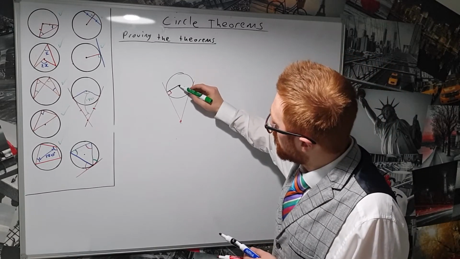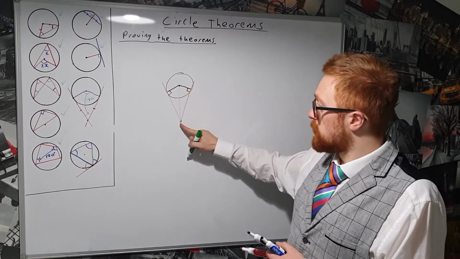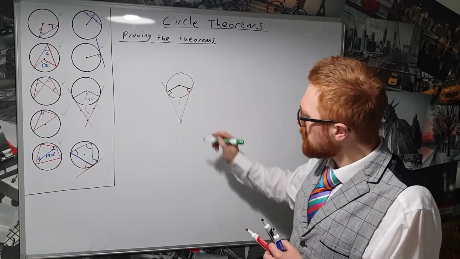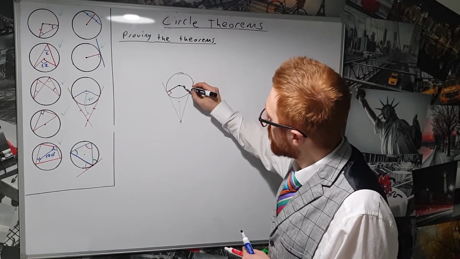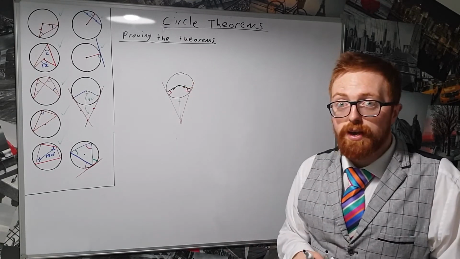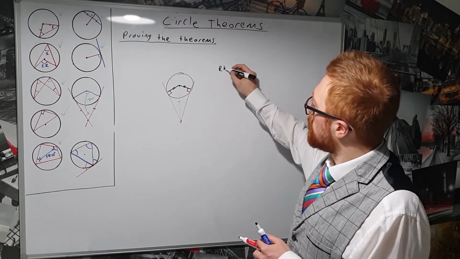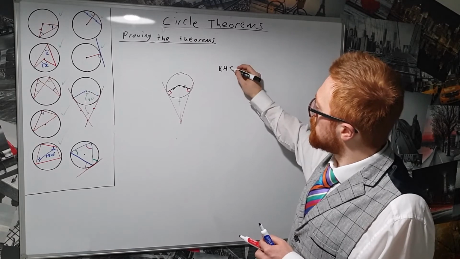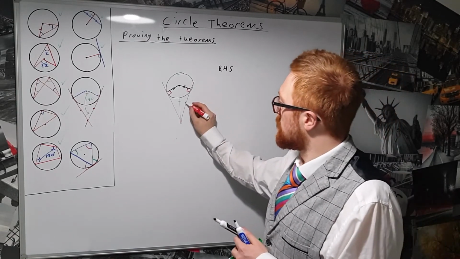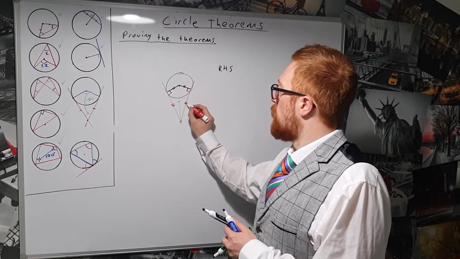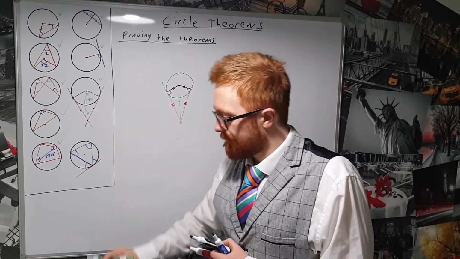And if we draw a line connecting the centre of our circle to the point at which they meet, that's a shared side, and I know that this length is the same as this length because it's a radius, and they're both right-angled triangles. So we have right angle, hypotenuse, side congruency. So the triangles are congruent, which means that this side and this side are also the same. So we've proven this one.